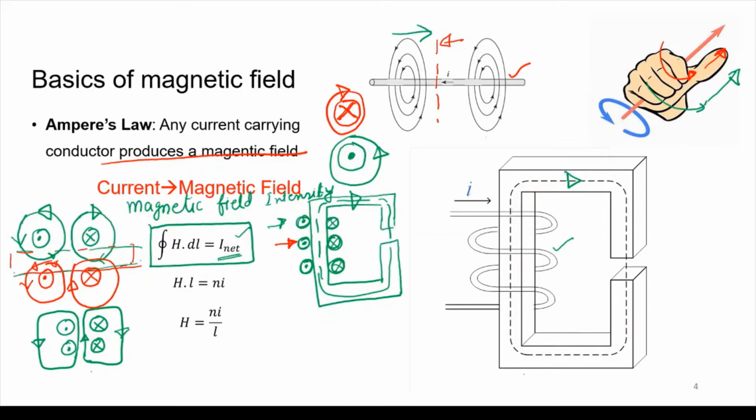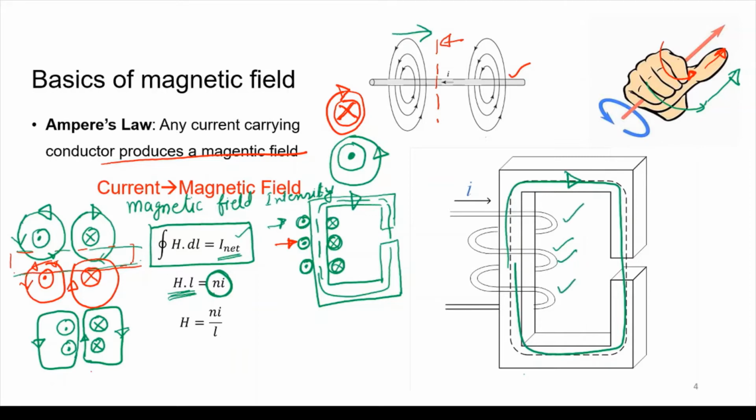Now if we consider this closed path given by this dotted line, then the magnetic field integral is given by H times L. L is the length of this path. So the integral is H times L, and this is equal to the net current enclosed by this loop, and the net current enclosed by this loop is number of turns times the current. So in this example, we have 3 turns, 1, 2 and 3.